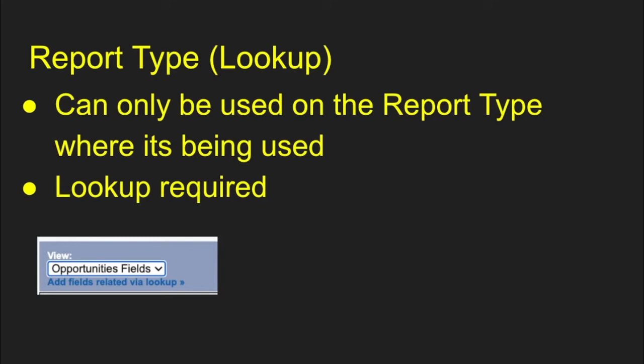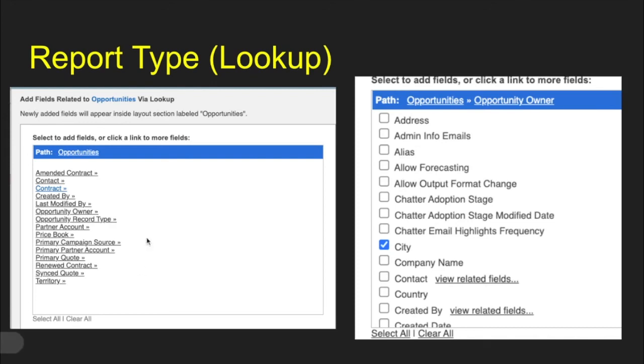And then the last type here is with your report type. On your report type, you can select any of the lookup fields and select the option to add fields via related lookup. This is a really cool feature that a lot of people forget. Once you add that in there, you can select the opportunities. So we're under opportunities, and we can select what field we want.